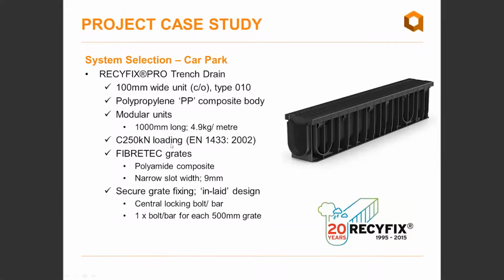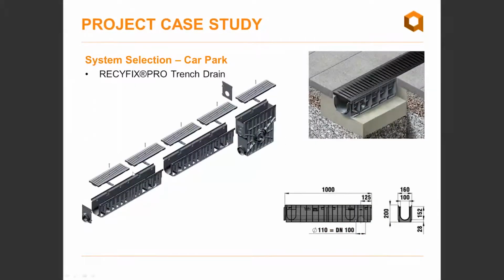The loading was C250 in accordance with the EN1433, and the grates were composite polyamide with narrow slots at 9 millimetres wide. And we had a central locking bolt and bar for each half metre grate section. Here you see the exploded view of the system, and then you see a typical installation with a block paved surface.